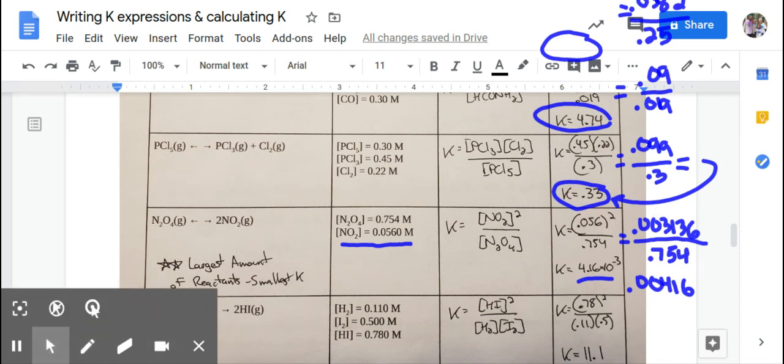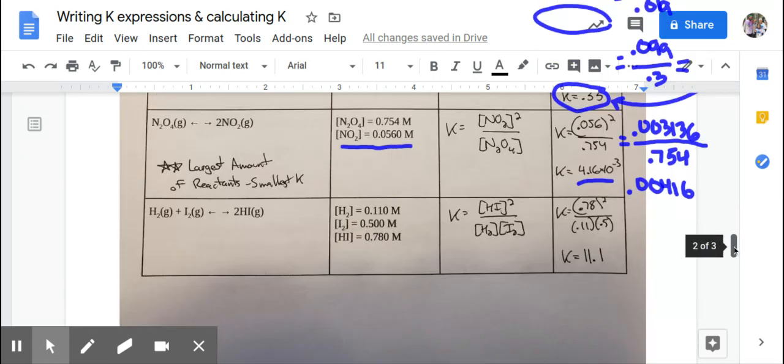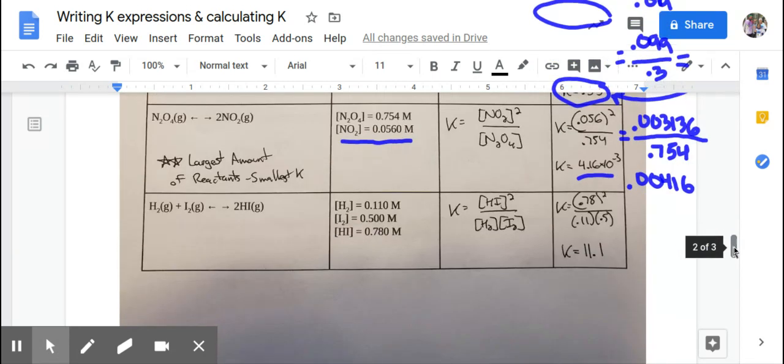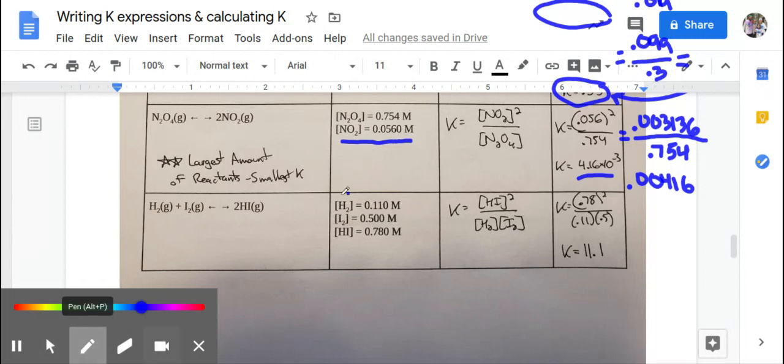And then finally, number 5 is H2 plus I2 gives us 2HI. The K expression is HI squared over H2 times I2, both to the first power. Here are the concentrations.